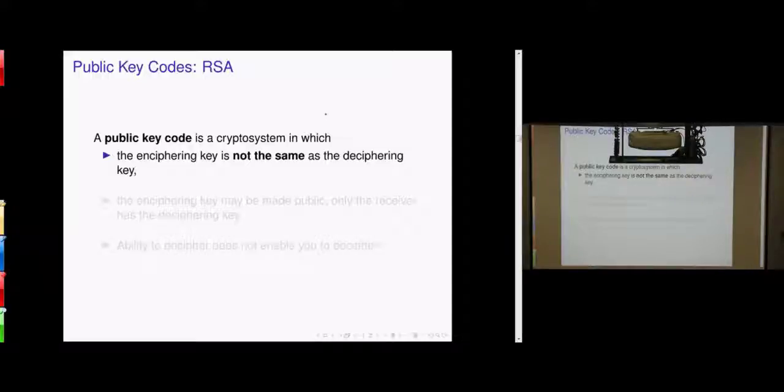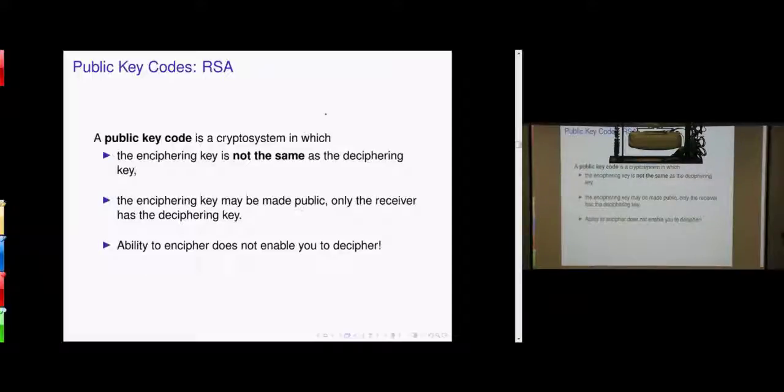A public key code is a crypto system in which the enciphering key is not the same as the deciphering key. So there are two keys. The enciphering key may be made public. Only the receiver has the deciphering key. So the ability to encipher does not enable you to decipher.